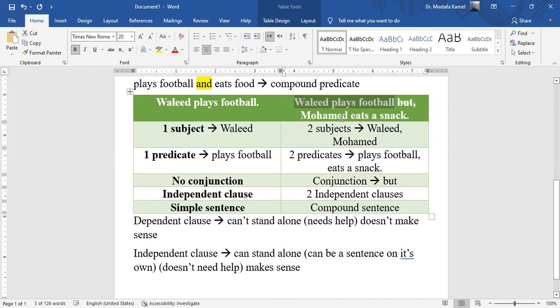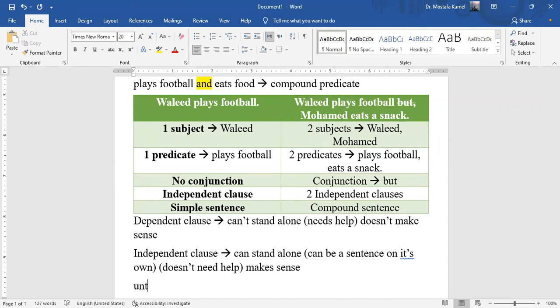Does it give you an idea? Yes. But if I say, until we arrived, did it give you an idea? No. So this is an example of the dependent clause. It doesn't make sense. It doesn't give you an idea. But the independent clause makes sense and gives you an idea.